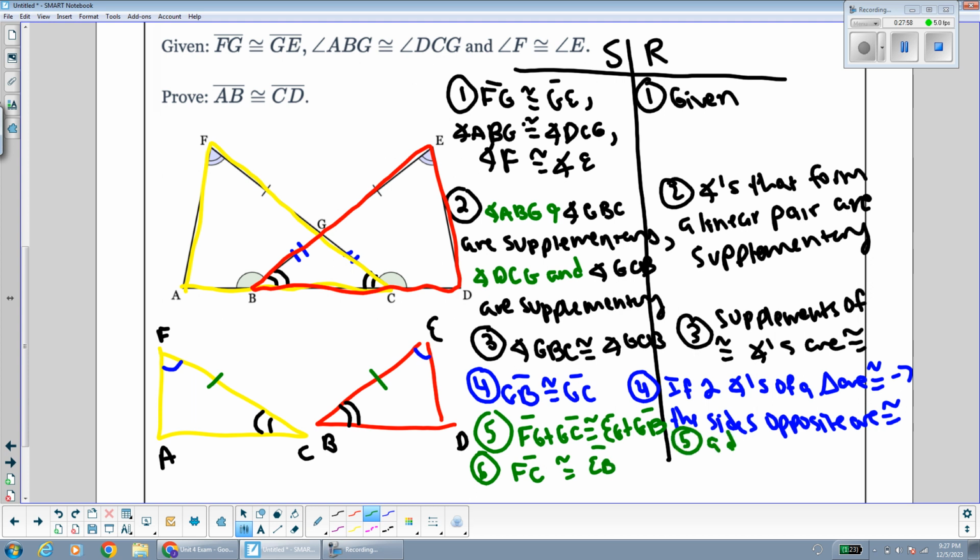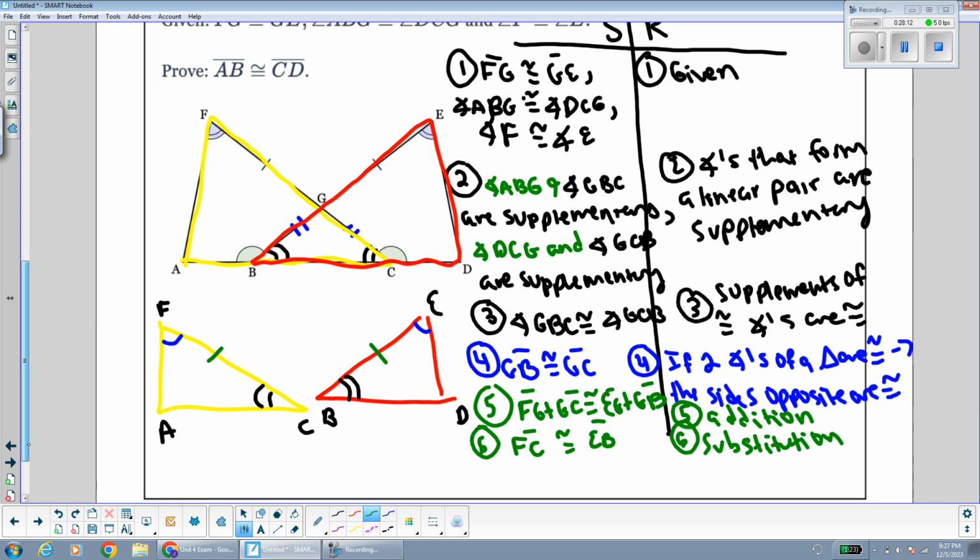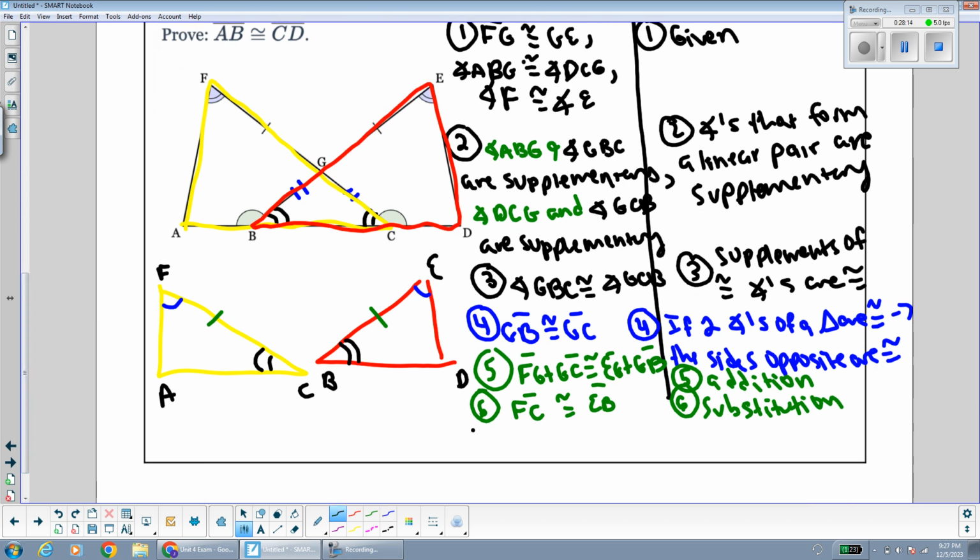So where we added the segments together, that is the addition postulate. And then we said this plus this is that, this plus this is that. So we're replacing the addition with what it actually is. And that's substitution. So now, as we just said, we can say that the two triangles, the overlapping big ones, triangle FAC and triangle EDB, are congruent. And that is by ASA, clear to see once you separate the triangles.